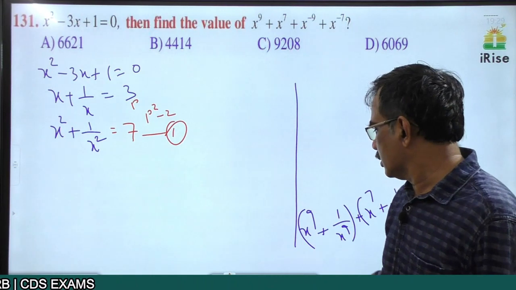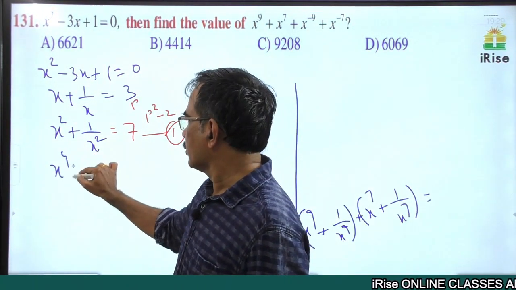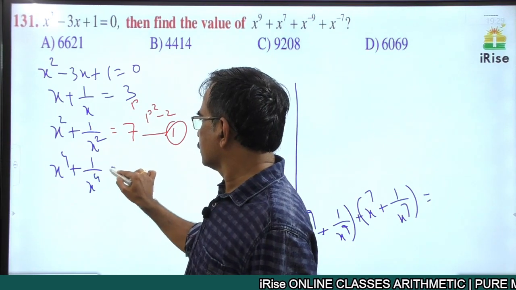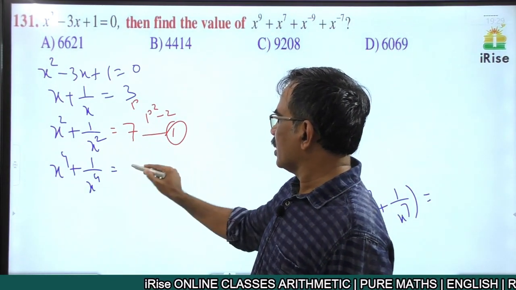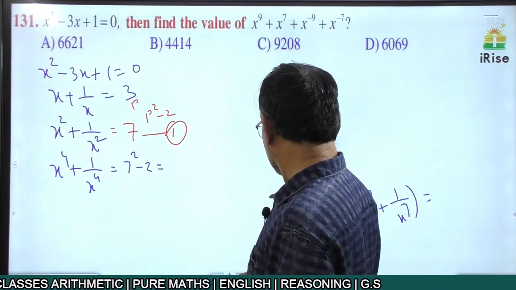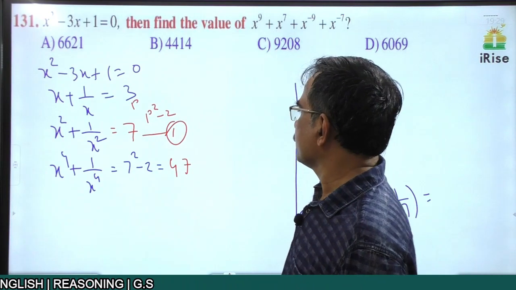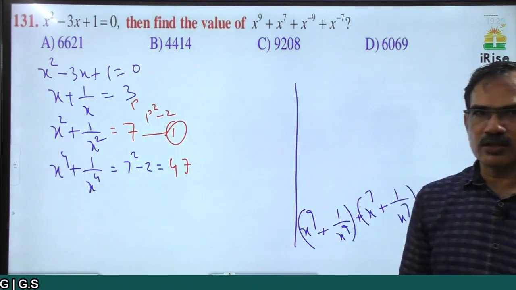Then what is x power 4 plus 1 by x power 4? Again 7 square minus 2, which is equal to 49 minus 2, 47. So x power 4 plus 1 by x power 4 is known.